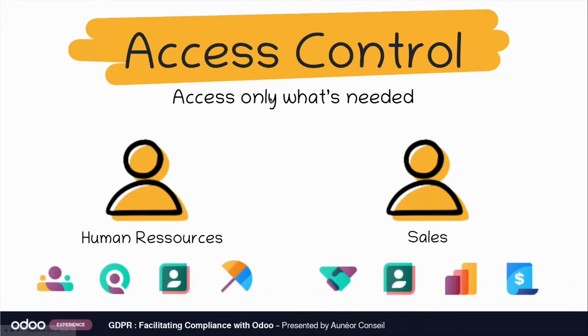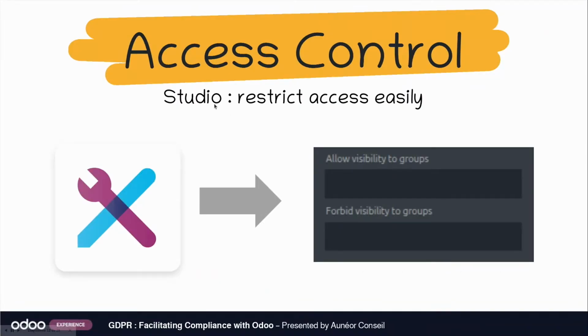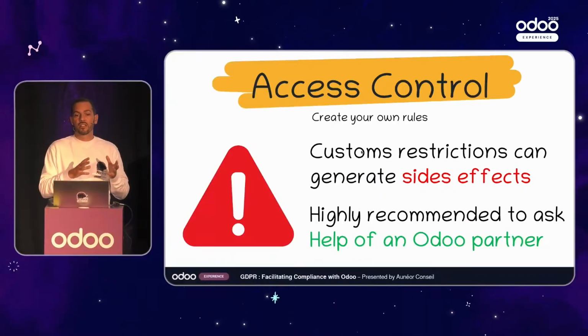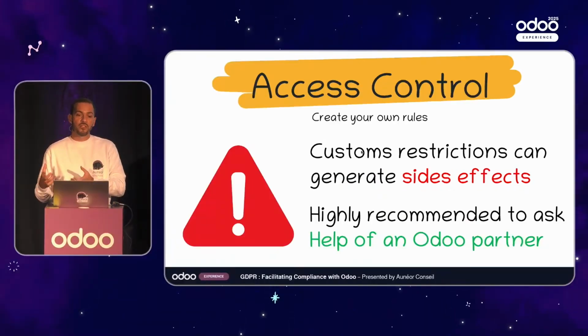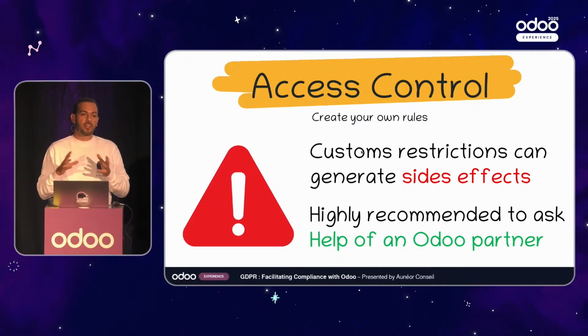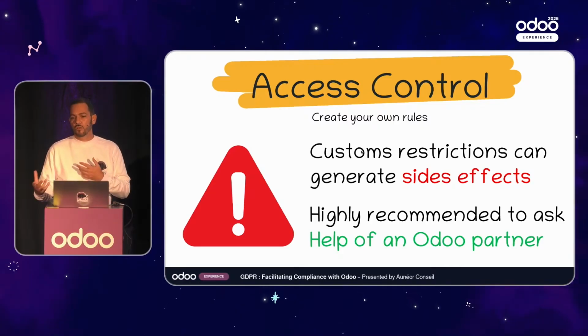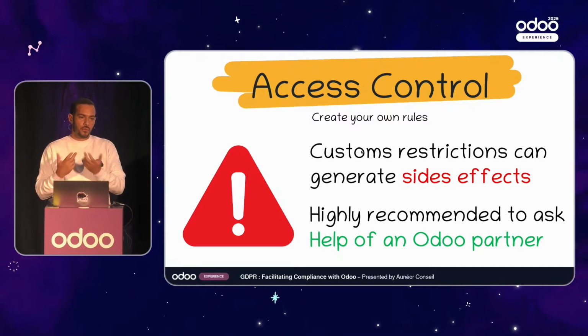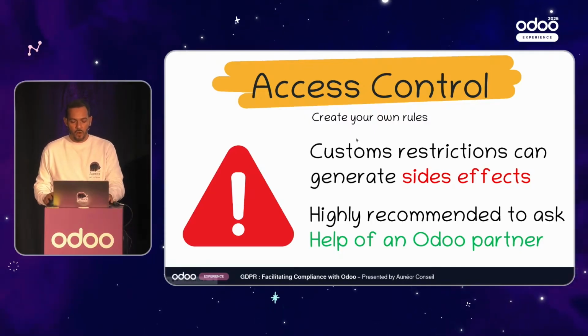But of course, you have to be careful, because you can have lots of side effects from the implementation of a new group. So be careful, and I suggest you work with an Odoo partner to put it in place and to create the rules on your Odoo.